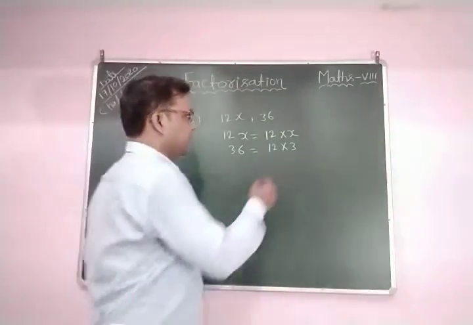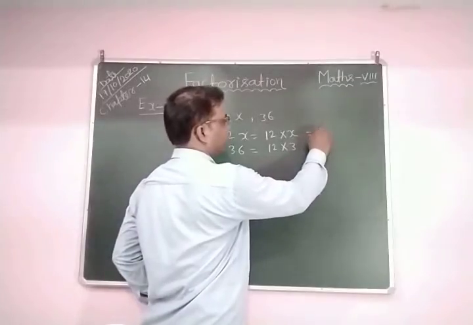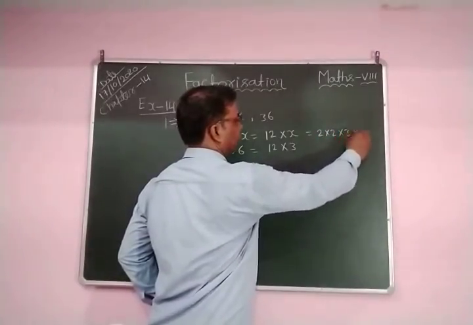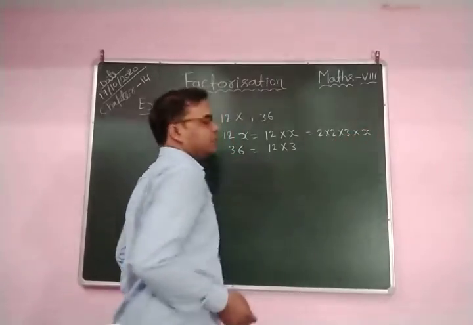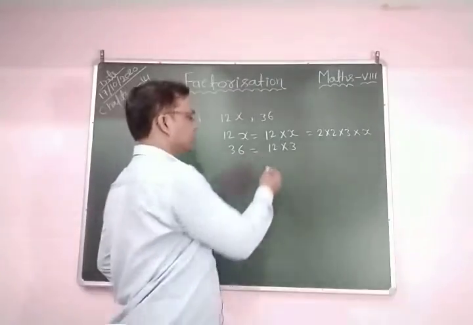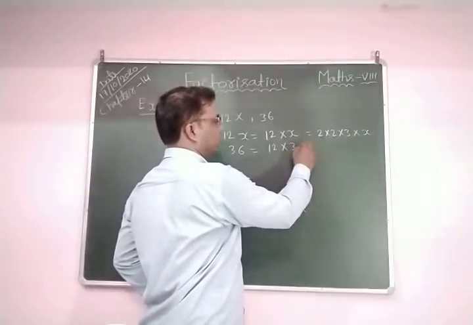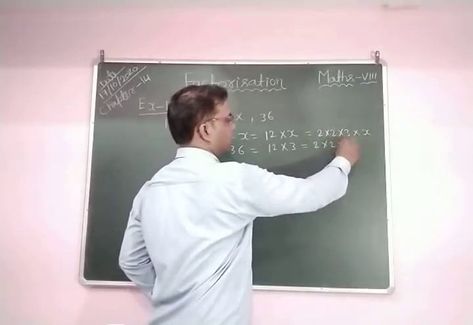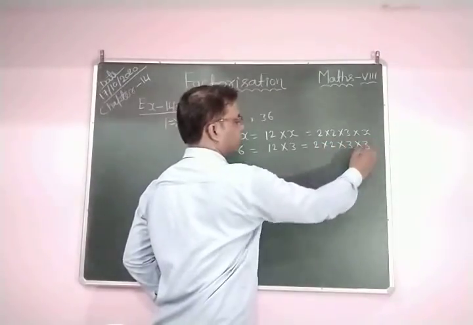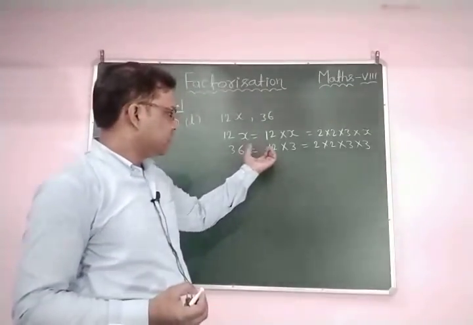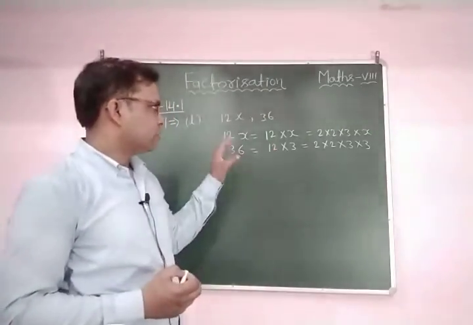Also, you can write 12x is equal to 2 into 2 into 3 into x. These are the irreducible factors of 12x, and 36 is equal to 2 into 2 into 3 into 3. So what do you see here? What is the common factor between them?